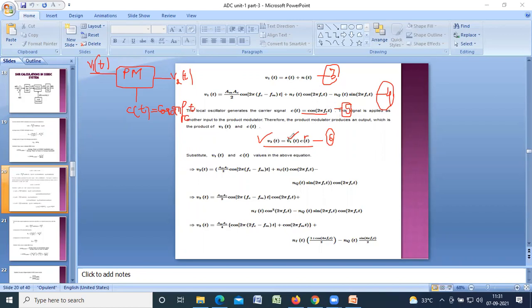Put both the values of v1(t) and c(t) in equation number 6 and modify your equation. Do it fast. Yes, ma'am. Done.